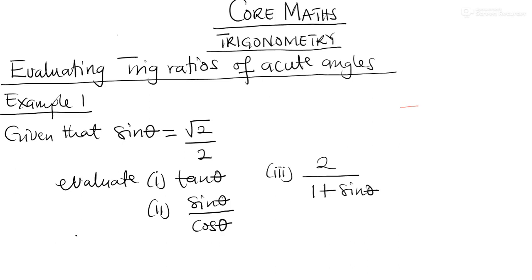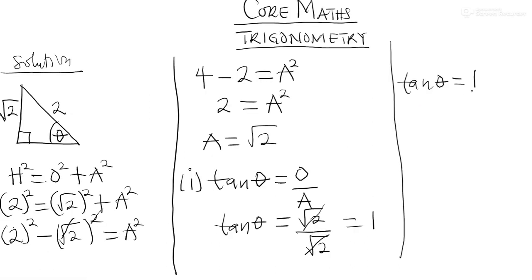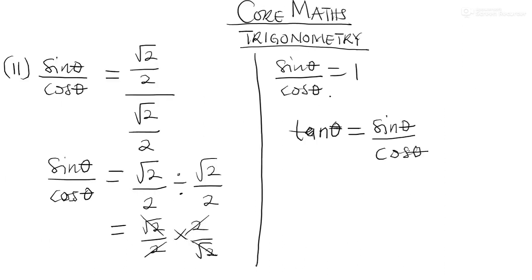Good. So we found tan theta to be 1, and then we found sin theta over cos theta also to be 1. So we established that tan theta is what? Sin theta over cos theta. Good. So now let's quickly look at the solution to the third one.